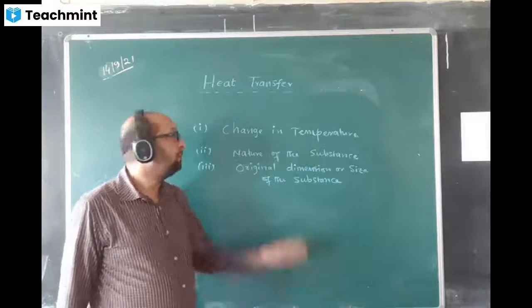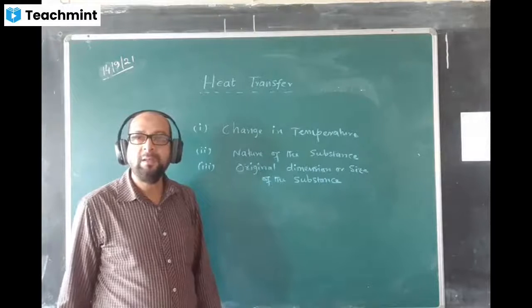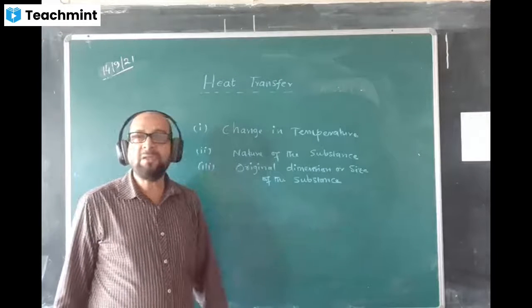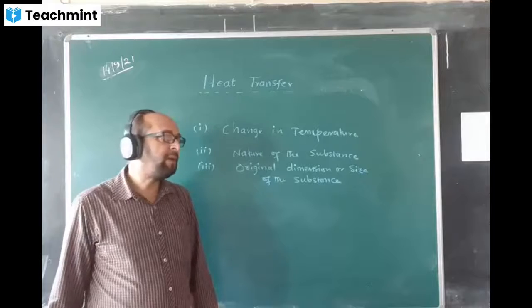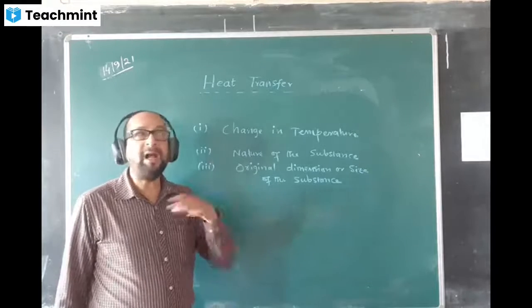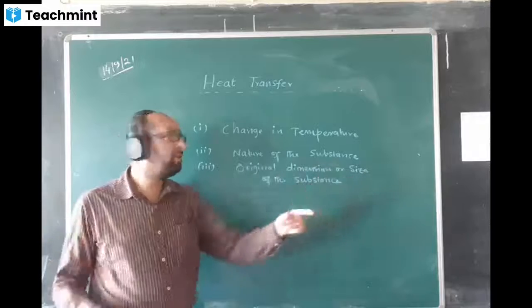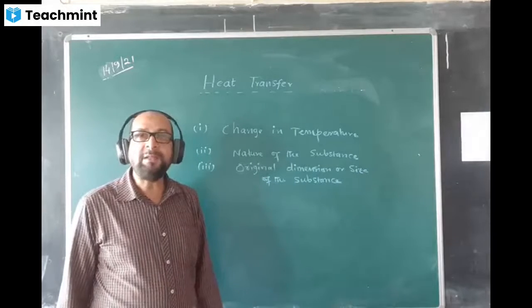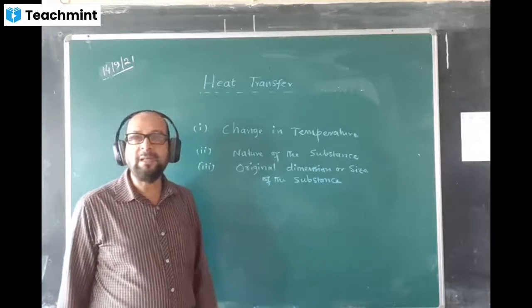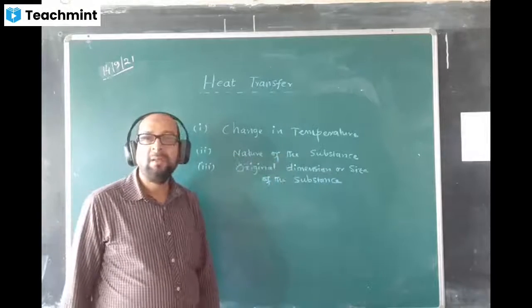It is a matter of common observation: the more the change of temperature, the more the expansion will take place. The less the temperature difference, the less the expansion. If you change the temperature by a greater value, then expansion will be more. If you change the temperature by a smaller value, the expansion will be less. The second factor is nature of the substance.